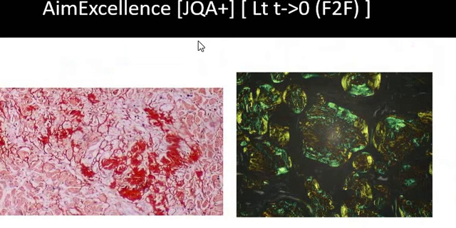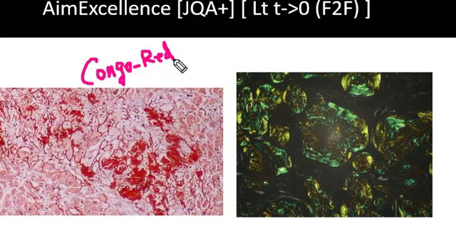Continuing with amyloidosis, this is another special stain, Congo Red staining, which is mostly known. Many times in many examinations the question has come previously, and it can come in upcoming examinations as a pictorial question. That is why we have added it to the lecture video.